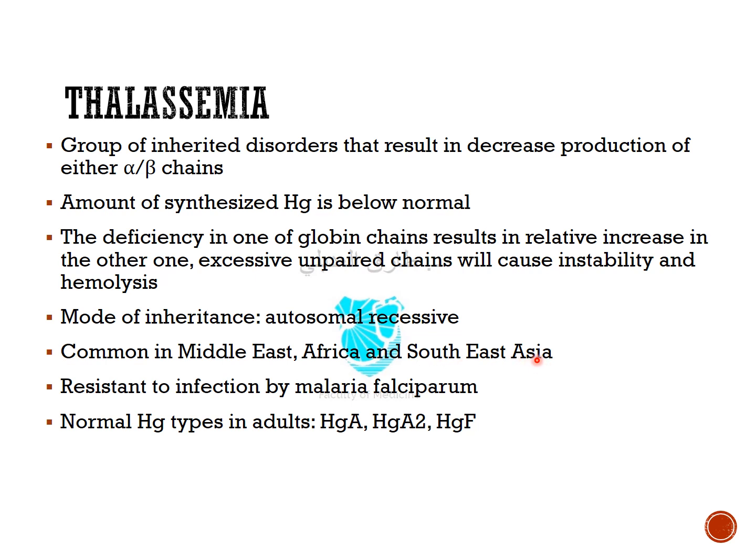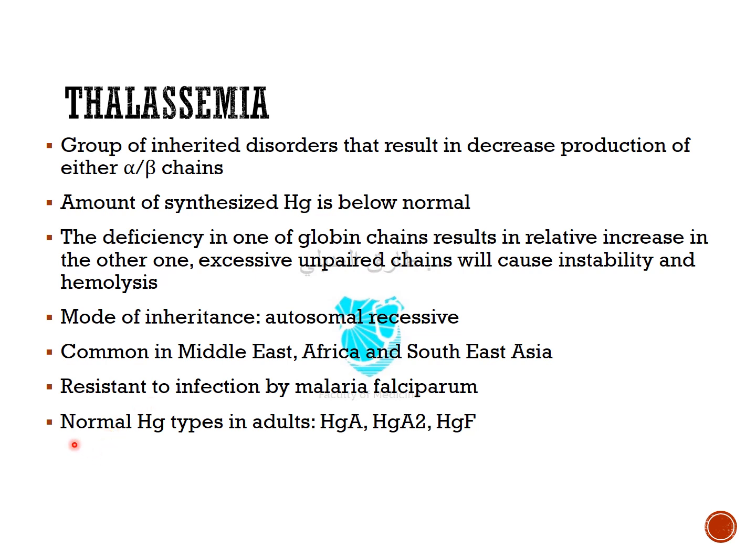It is less common in Western countries. For an unknown reason, malaria falciparum doesn't like any abnormal hemoglobin. So one of them is thalassemia, and we will talk about sickle cell anemia later on. These patients do not develop infection by malaria falciparum.